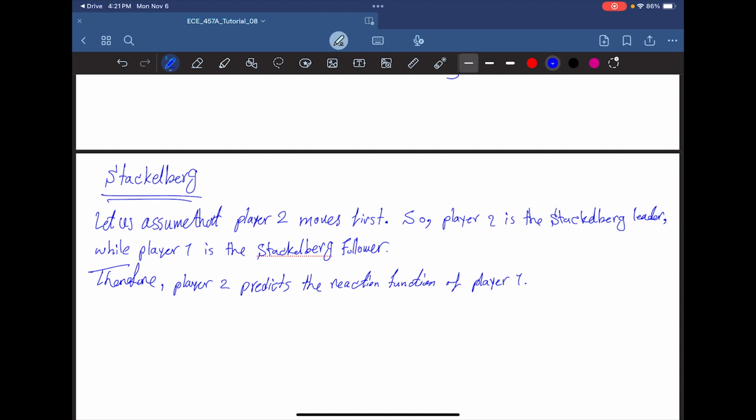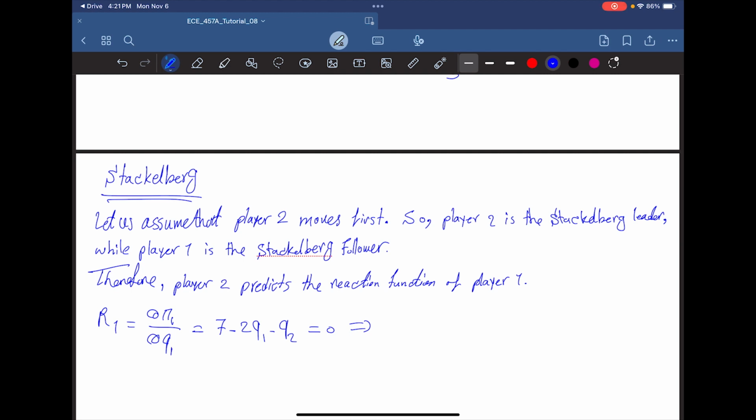What is the reaction function of player 1? That would be R1, the partial derivative of the payoff for the first player with respect to Q1, its quantity, which is equal to 7 minus 2 Q1 minus Q2 equals 0.